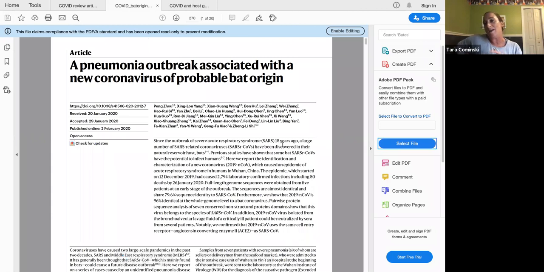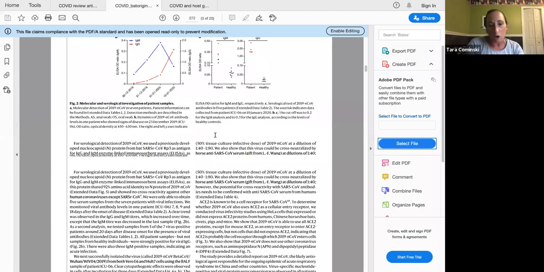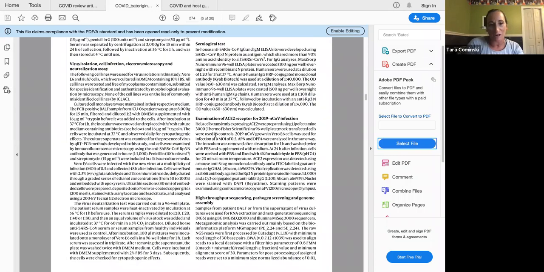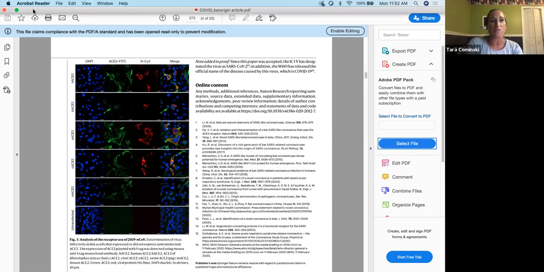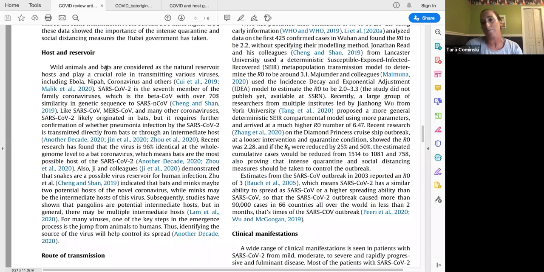So I wanted to show you guys that to show you how useful the review actually is. And you might want to take a look at this article. I think it's kind of interesting. There's probably some data that's hard to interpret at your level, but regardless, it's pretty interesting. It provides evidence that perhaps it originated from bats.